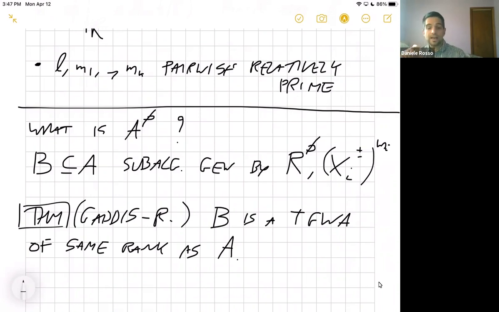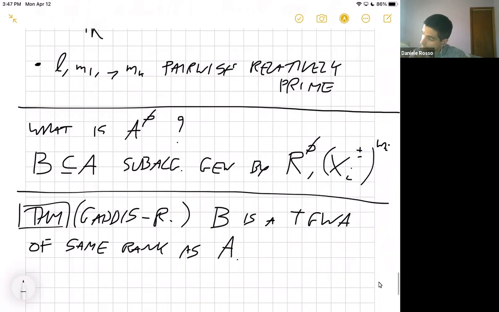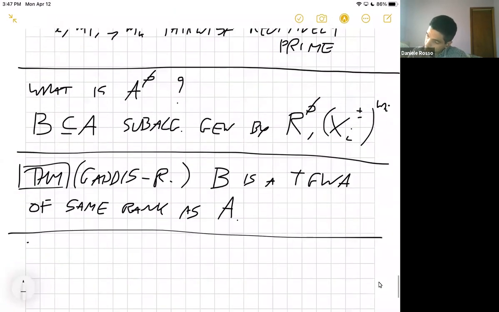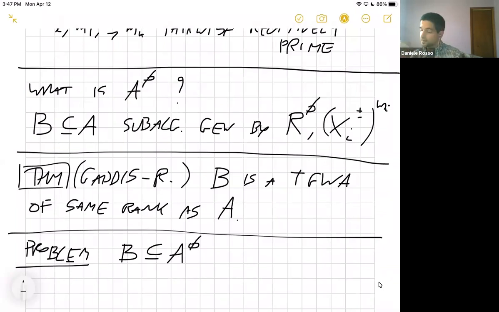The question is, in which cases is this actually the same thing as the fixed ring? So that's the problem: B is certainly included in the fixed ring, but when are they equal?